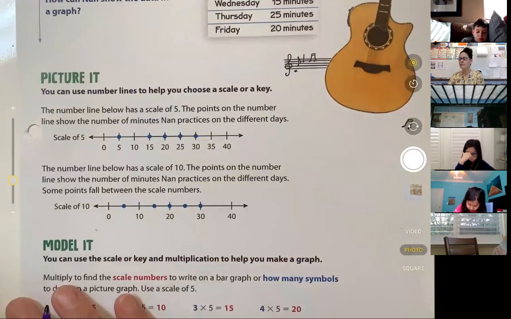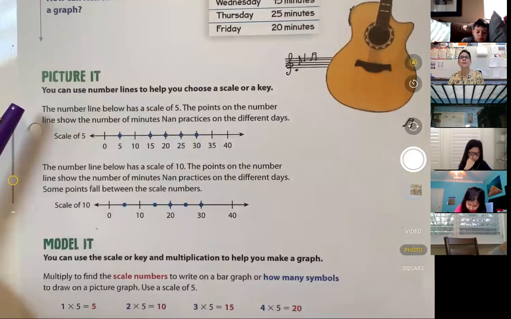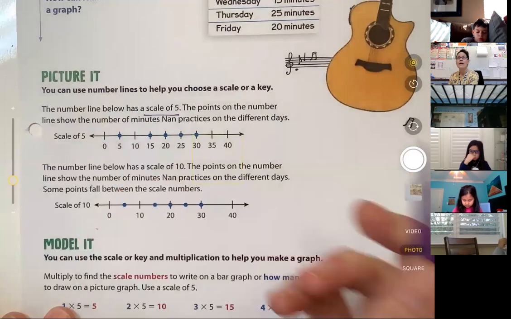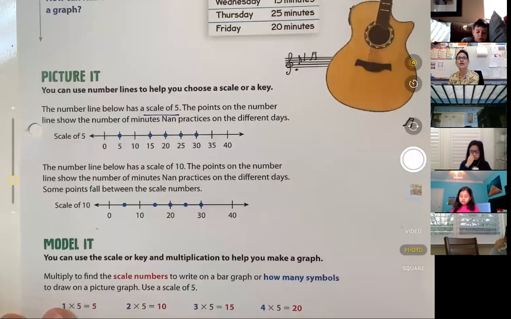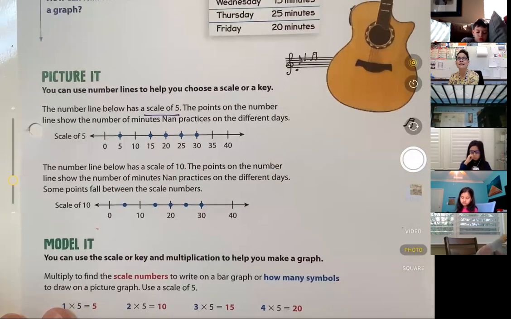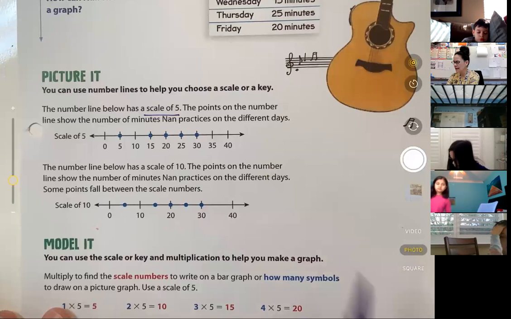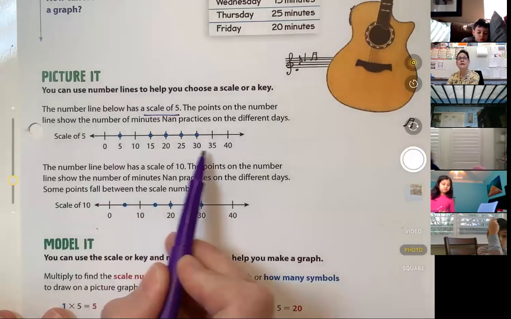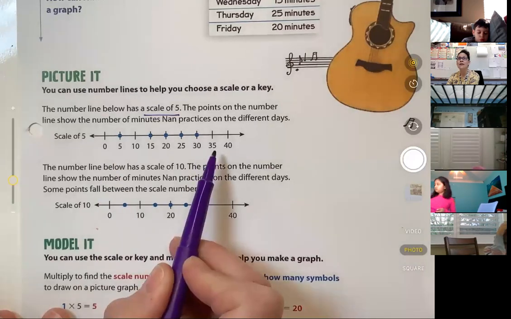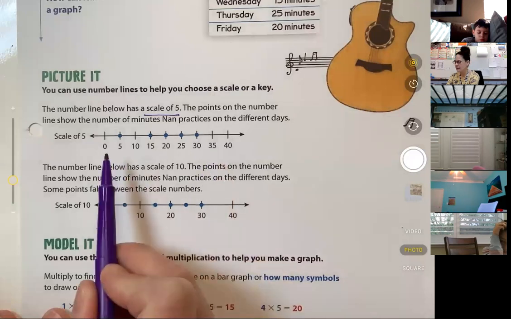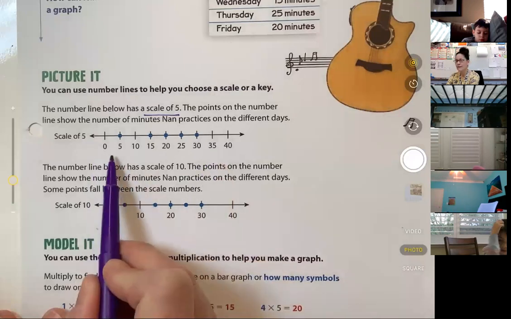Okay, here we go. It says the number line below has a scale of 5. The points on the number line show the number of minutes Nan practices on the different days. So you can see this number line has a scale of 5. How do we know that? Take a look at the numbers on the line. Increments of 5.